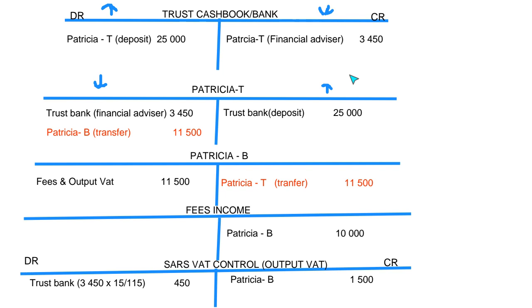So I'm going to open another account called business. Let me quickly open it on the next page. I'm going to have something like this, just for the sake. Can you see now? That's how to do the transfer. This will be the business cash book.